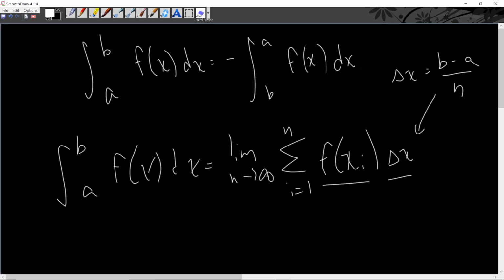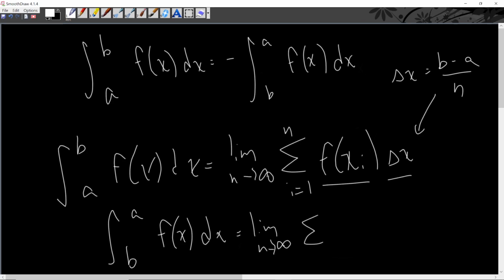And then we also have the integral from b to a of f of x dx, which is equal to the limit as n approaches infinity of the same series of f of x_i times change in x, where this time change in x is equal to a minus b over n.